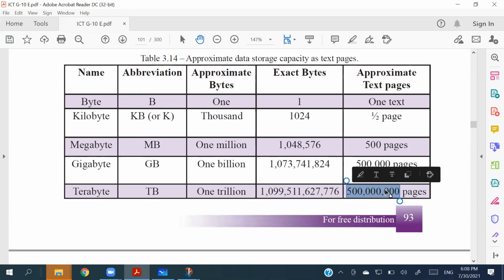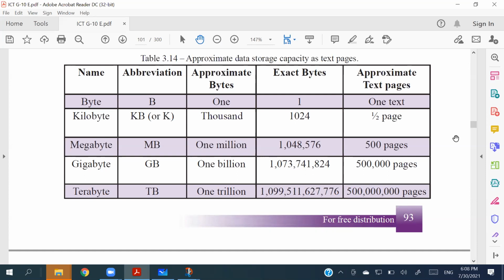Yeah. This is million, and this, yeah, it's kind of half a billion, right? So like 500 million pages.